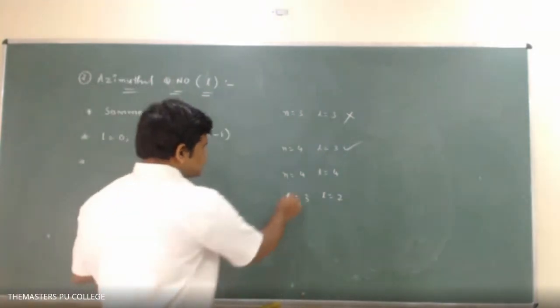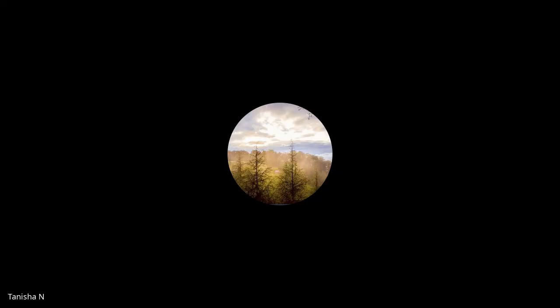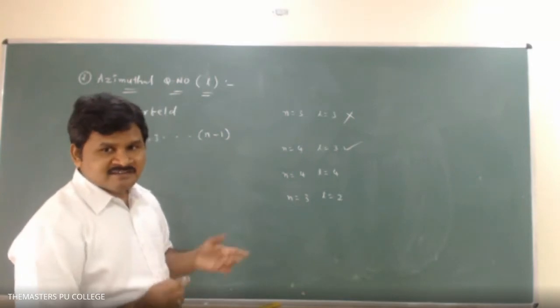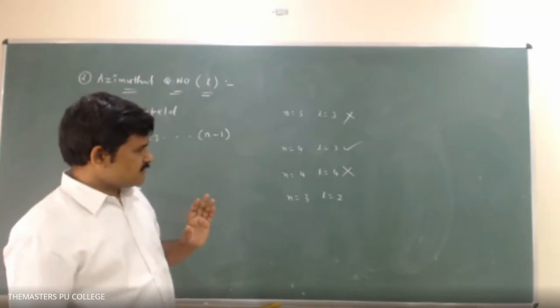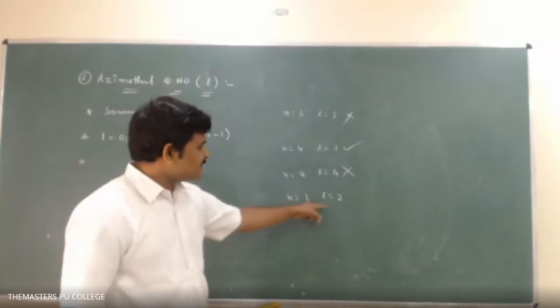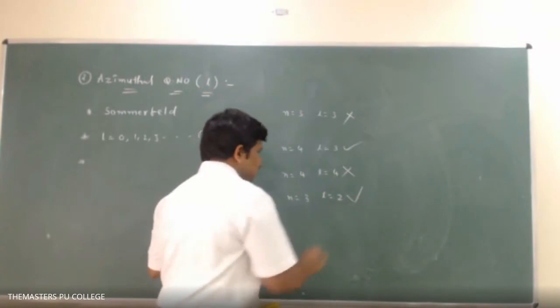Next, is it possible? No, because n value and L value are the same, so it is not possible. Very good. Next, is it possible? Yes, because L value is less than n value; the values are not the same. So it is possible.